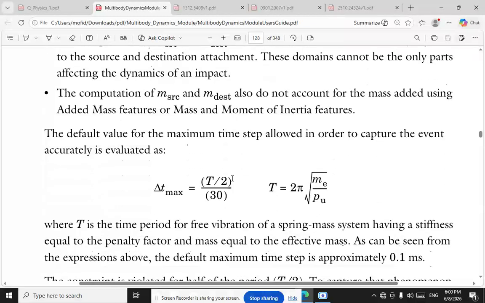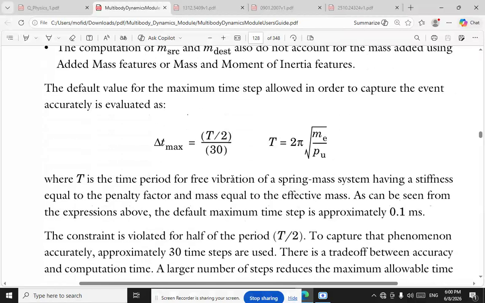The default value for the maximum time step allowed in order to capture the event accurately is calculated such that delta t maximum is equal to T divided by 2 divided by 30, and T is equal to 2 pi square root of ME divided by Pu, where T is the time period for free vibration of a spring mass system having a stiffness equal to the penalty factor and mass equal to the effective mass, as can be seen from the expressions above.